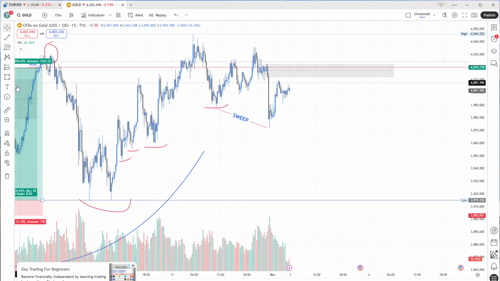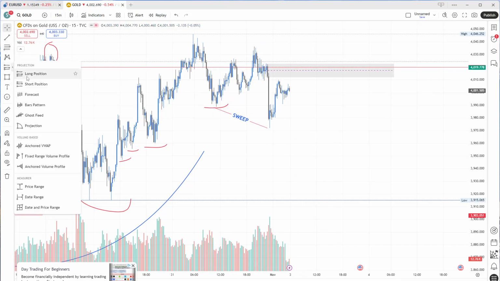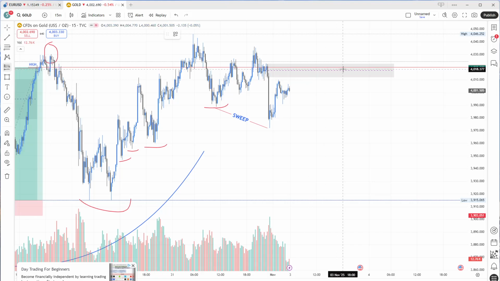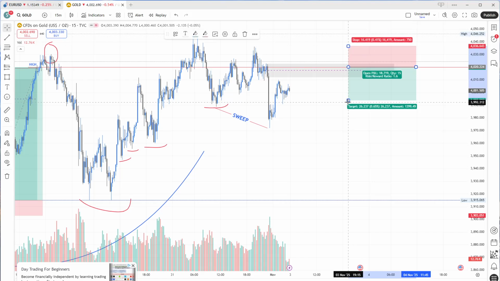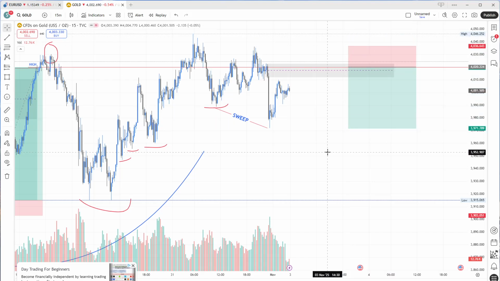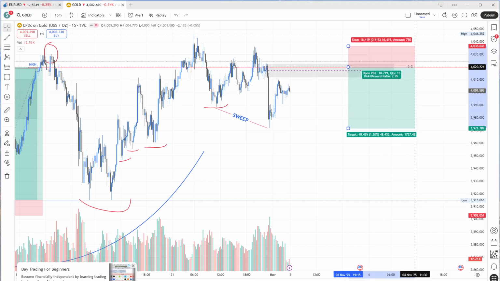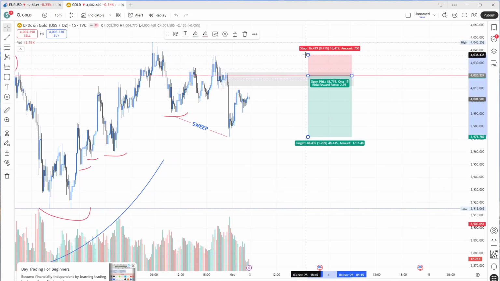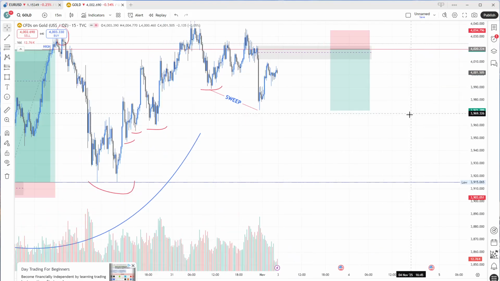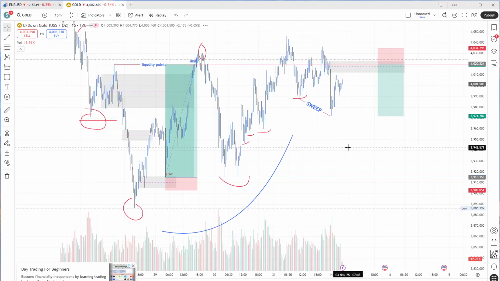So assuming that price will go back, we will play our position here. Invalidation point right there. Target is right here. Okay, not bad. Not bad for this trade. 1 to 3. 1 to 3. And then we just target it down.